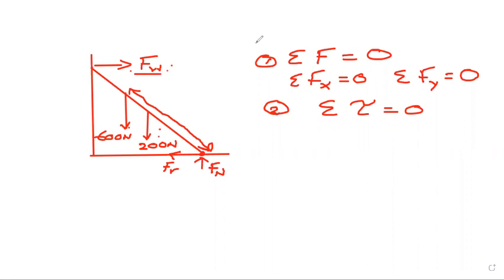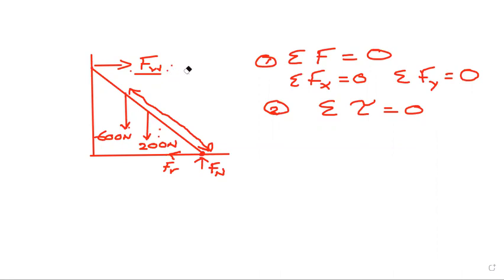Okay, so if you try to sum your forces, if you think about it, this force here is also a kind of normal force. This force here, which is exerted by the wall on the ladder, because the normal force is exerted by the surface on an object.